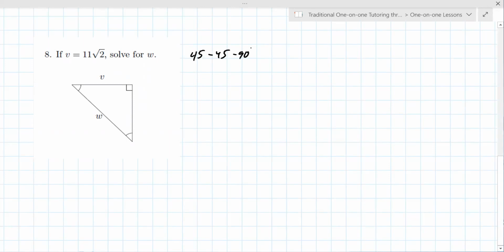Can you tell me why it's a 45, 45, 90 triangle? Because there's a 90-degree angle, and then also both of the legs are equal. How do you know that these legs are equal? What is it about the picture that's pre-drawn digitally that you know about that?